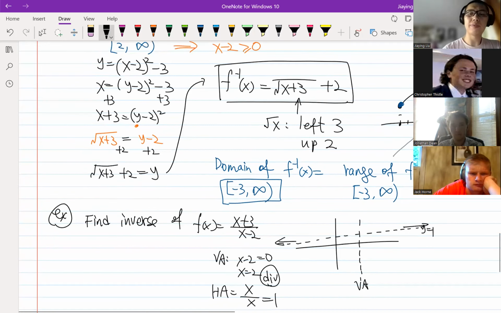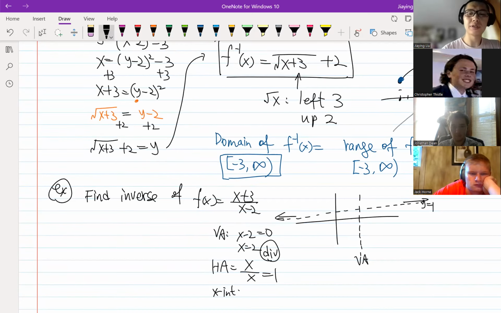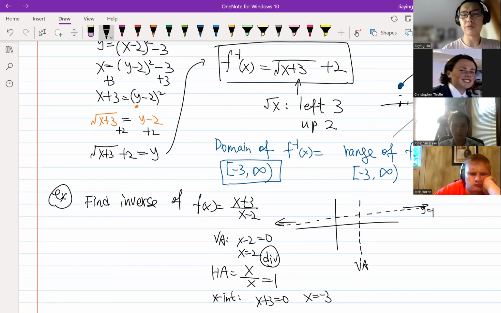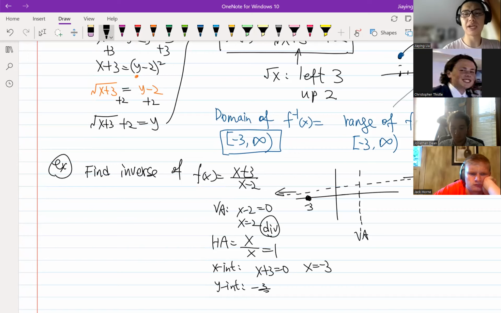And then the x-intercept is given by the numerator. So x plus 3 equals 0, x equals -3. So it should be a straight cross, -3 here. And then we can find the y-intercept by setting x equals 0, which is going to be -3/2. So we get -3/2 here.